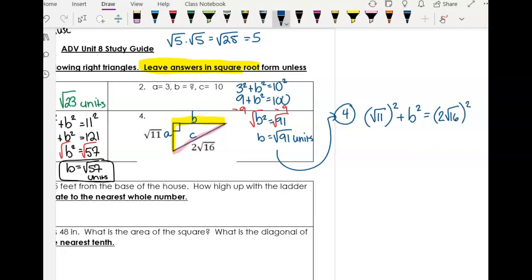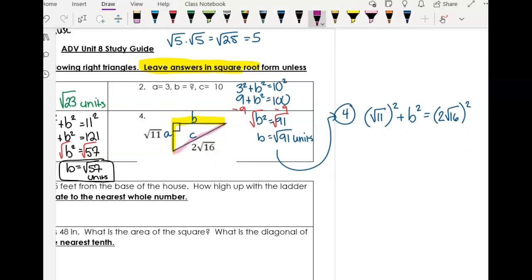Now, you have a couple of things that you can think about. I'm wondering, did anyone notice that, hey, the square root of 16, that's a perfect square? Option 1, I could go ahead and say, hey, this is really 2 times 4, which is just 8. So if I wanted to, I could go ahead and simplify this value right here, and it's 8. That's it. Okay? But maybe I didn't see that.